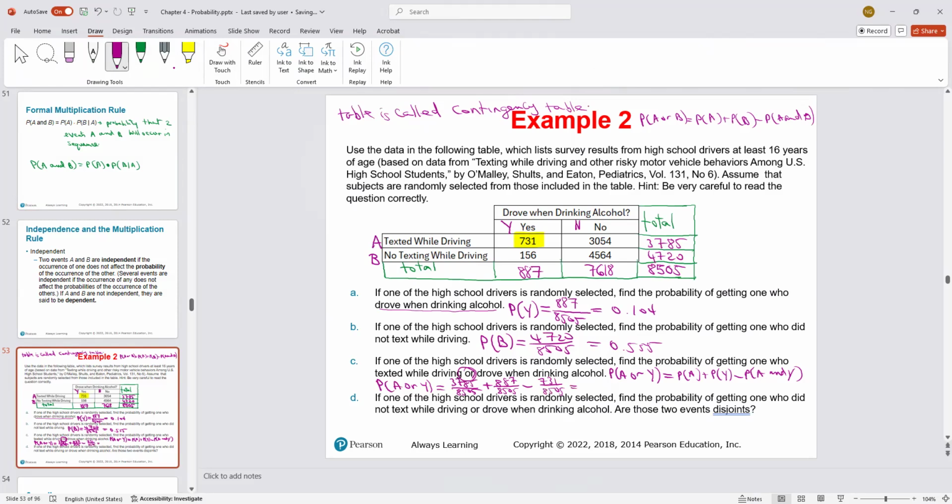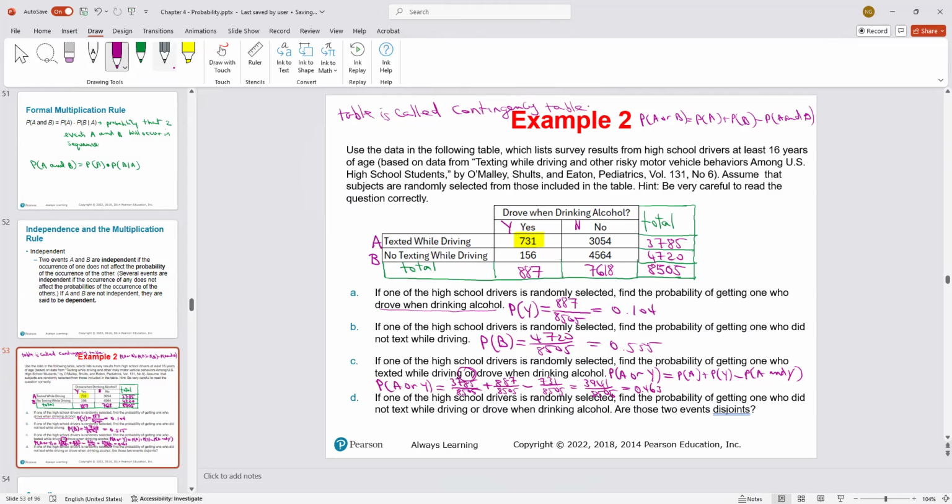Now, when you subtract and simplify, you're going to find 3941 over 8505. Answer would be 0.463. Okay. So when we see that 0.463, that would be the probability of the two events.